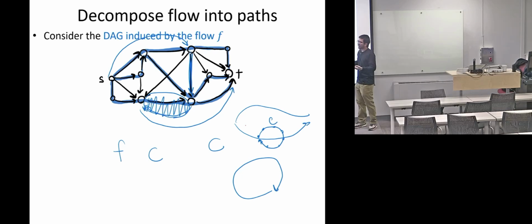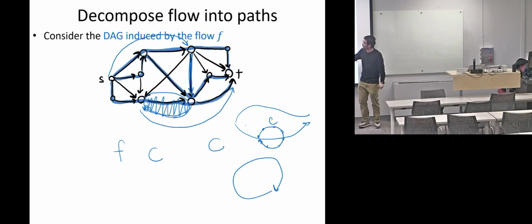Also, I claim that it's an ST flow with the same value. Why is that? Well, because the value of the flow is just the total net flow going out of S, right? If you remove a cycle, the net flow out of S is the same. If the cycle doesn't intersect S at all, that's clear.